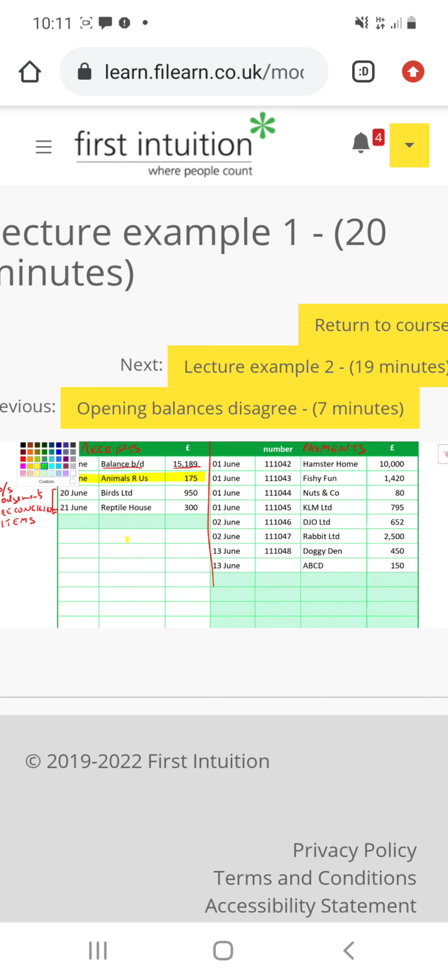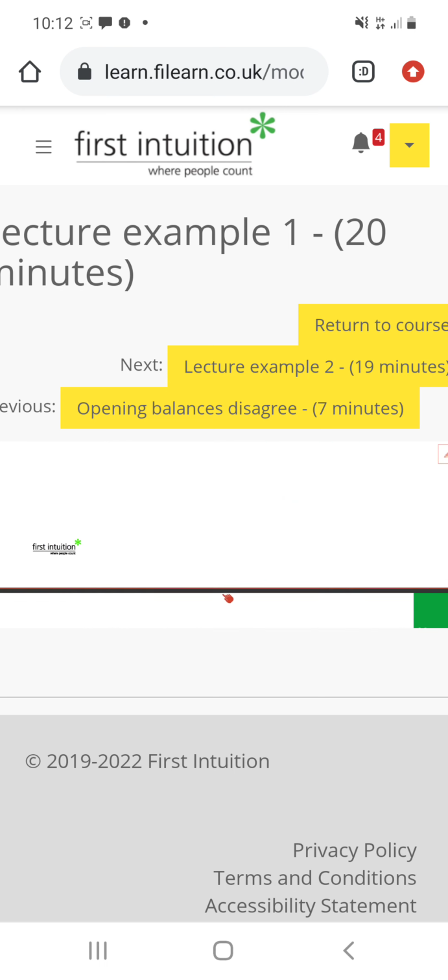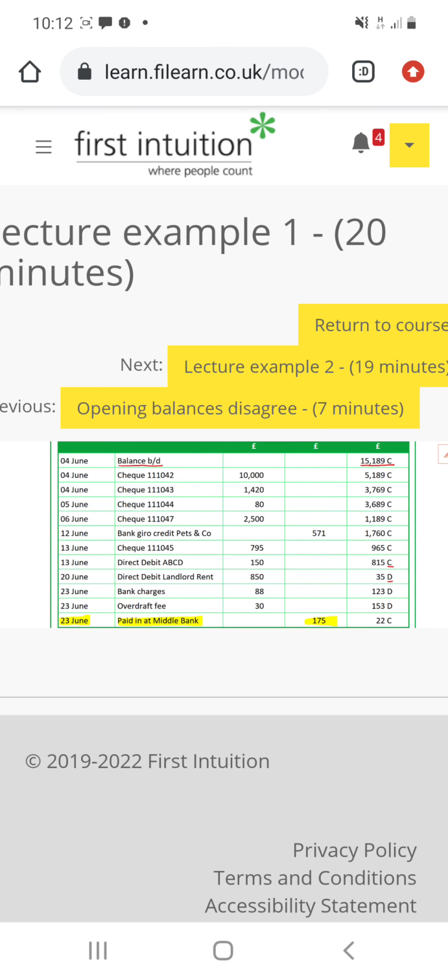Step 2 was to do the same thing with our payments and decide which payments we can see on our bank statement. Can I find on the 1st of June £10,000 to Hamster Home? The answer is yes, I can find it there.